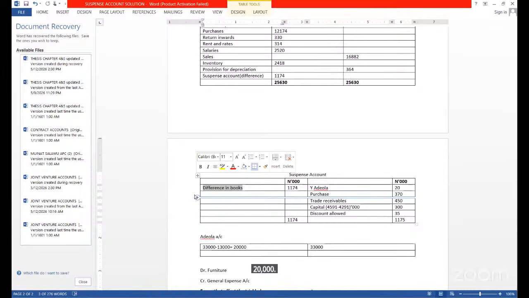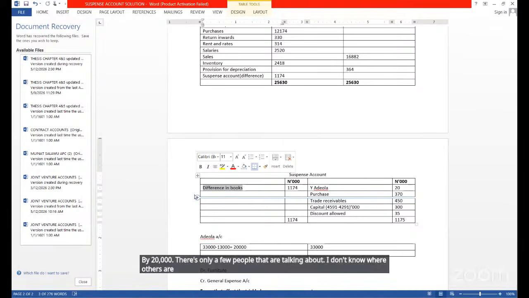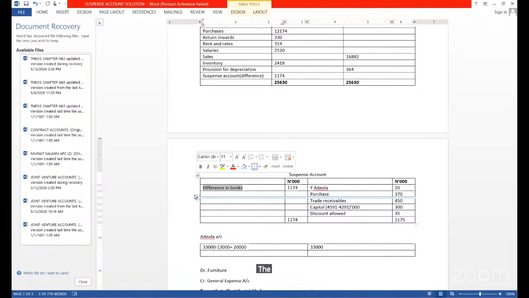The credit side has been inflated by 20,000. Now we must deflate that credit side.